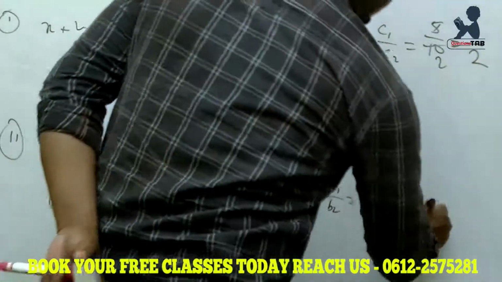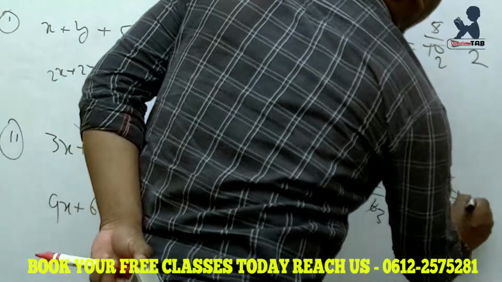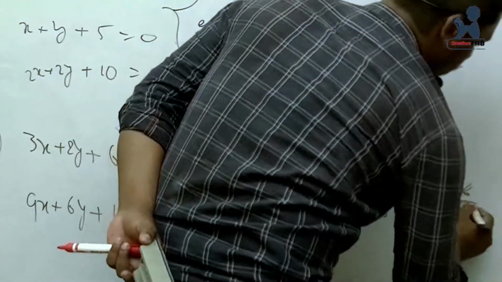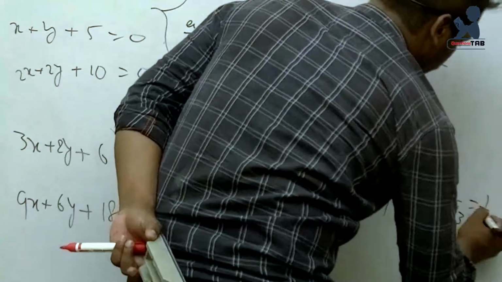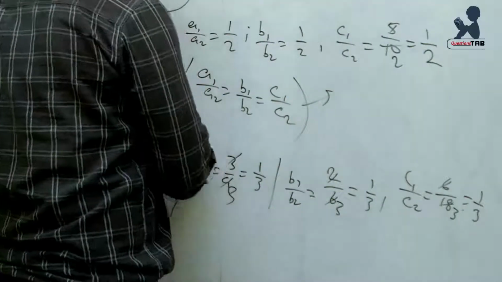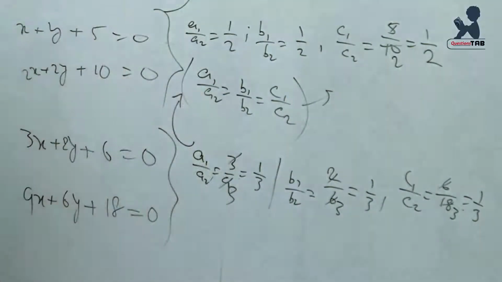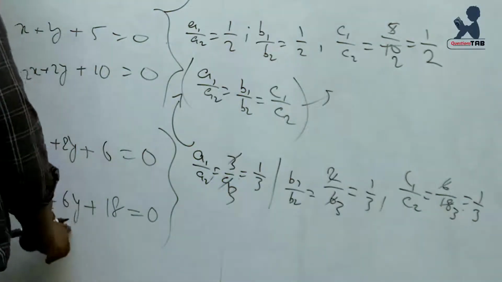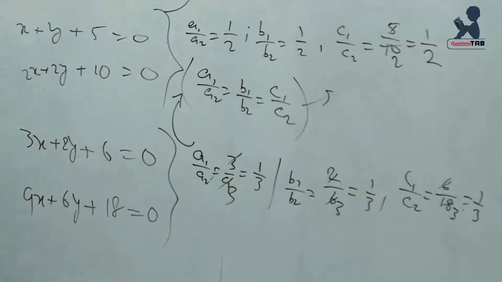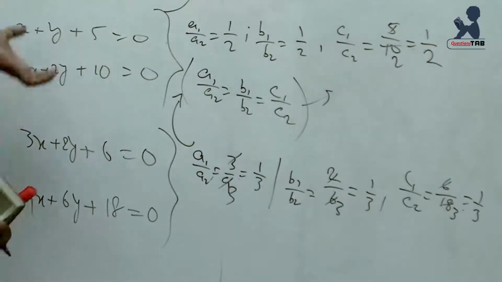And c1 by c2 is 6 by 18, that is again 1 by 3. So it also fulfills this condition. So we can again say that these linear equations in two variables have infinite number of solutions.